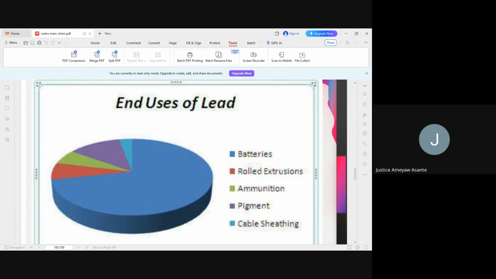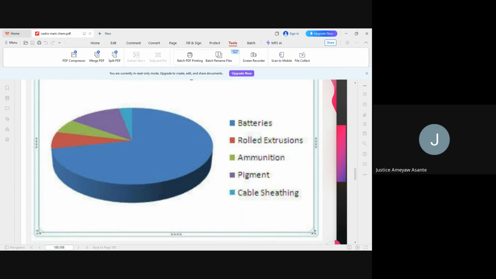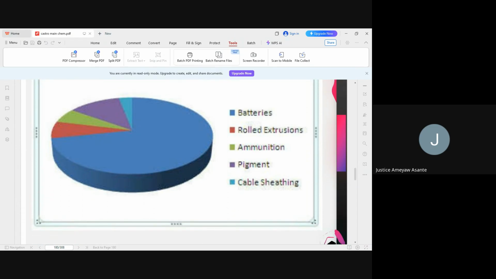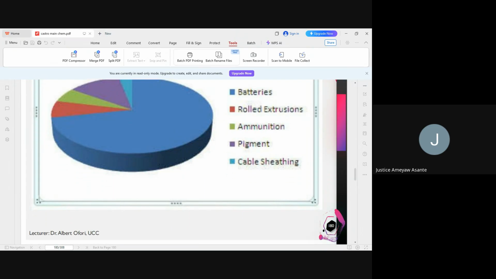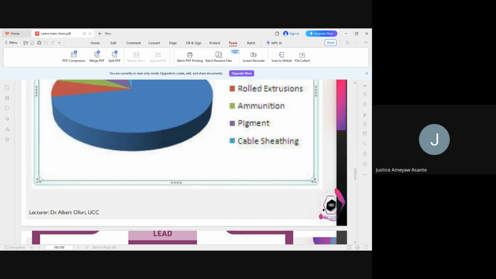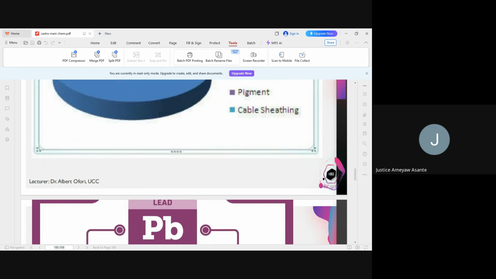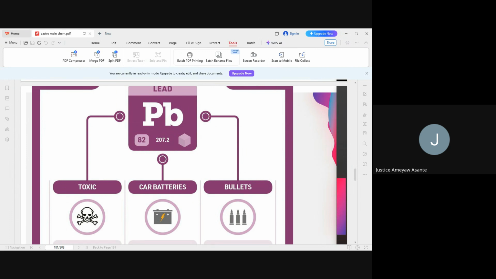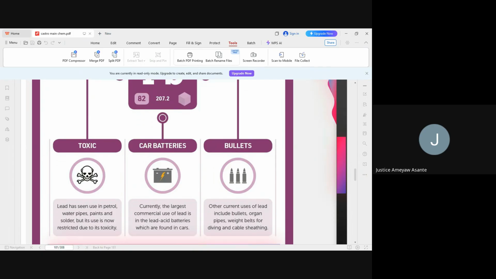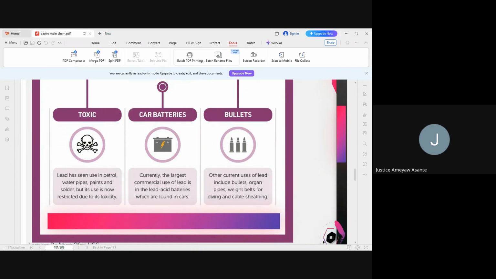So end uses of lead, look at this: for batteries, for ammunition, for pigments, for cable sheeting. So we have lead batteries, lead is toxic, lead bullets, especially for the farmers who go on hunts. So they have that bullet.